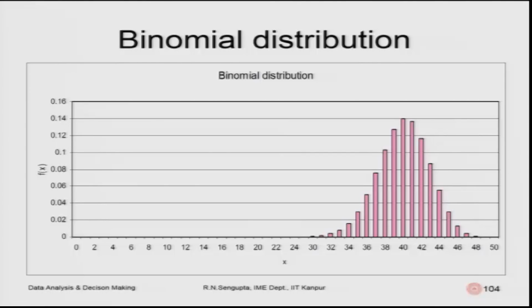If you draw it, I am using a very simple Excel sheet. The binomial distribution would look like this. You have 50 as n. If you are considering the expansion, let me write it. It was nCx p to the power x q to the power n minus x, and x can take values of 0, 1 till n.